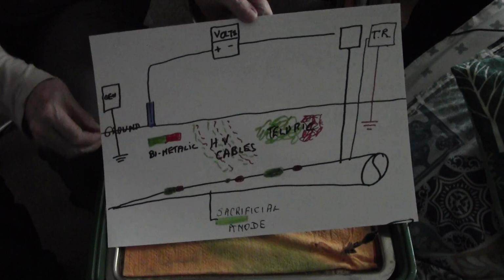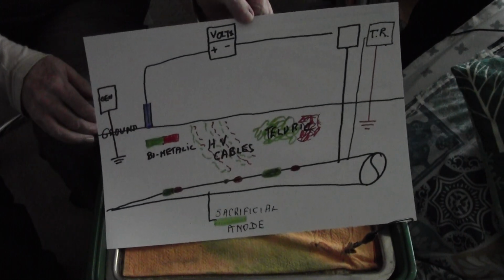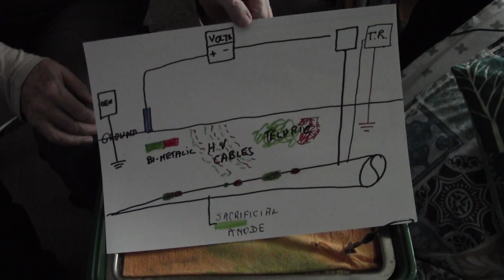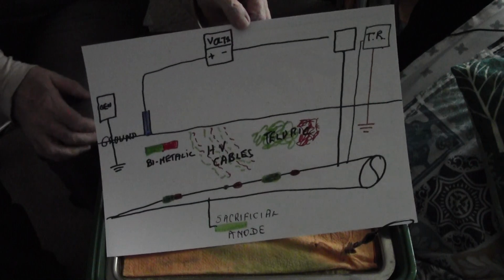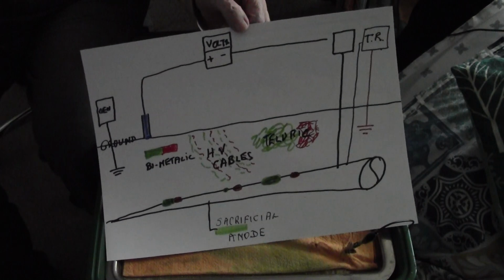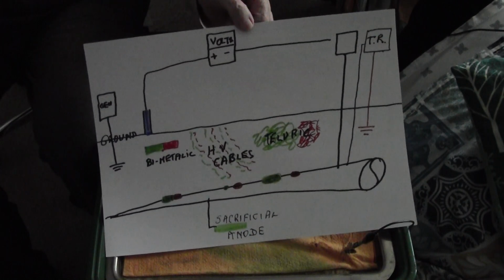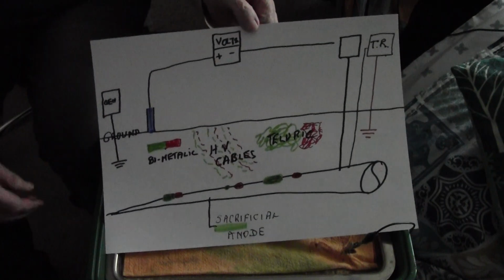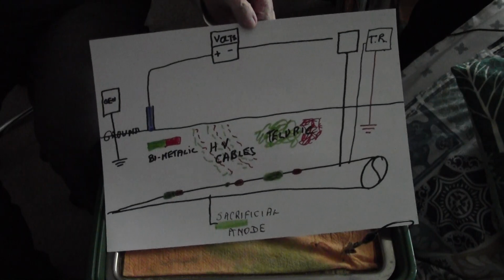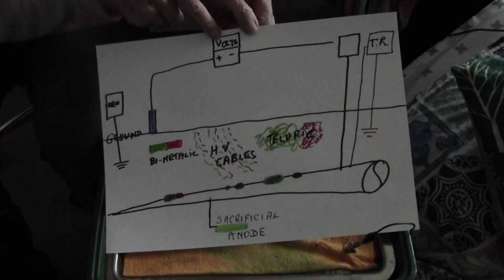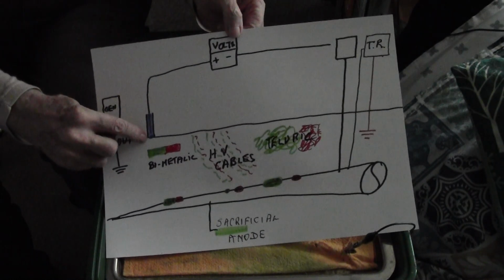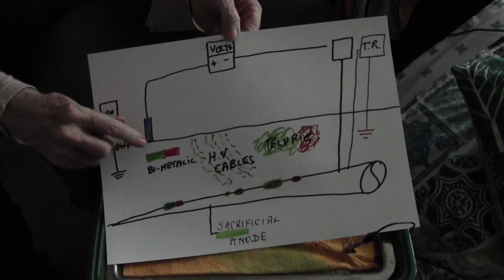In this video, I want to clarify how we measure cathodic protection and the effects of cathodic protection on corrosion on a steel pipeline. I have drawn here the measuring circuit. This is the voltmeter, and here is the copper sulfate ground contact electrode.